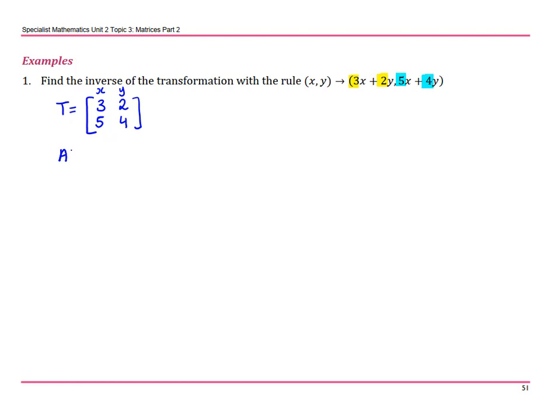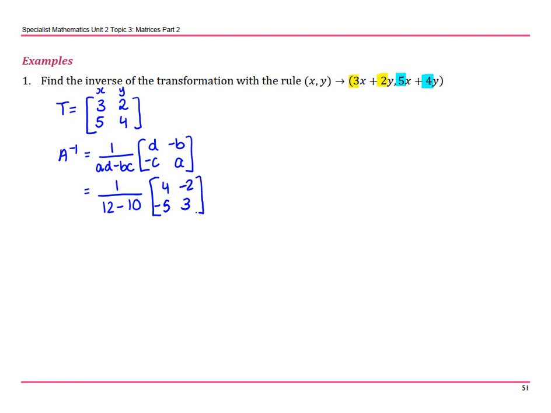So our inverse of A is going to be 1 over (ad minus bc), times (d -b; -c a). Remember that's on your formula sheet. So we've got 3 times 4 is 12, minus 2 times 5 is 10. We swap, so 4, 3, and we change the sign.